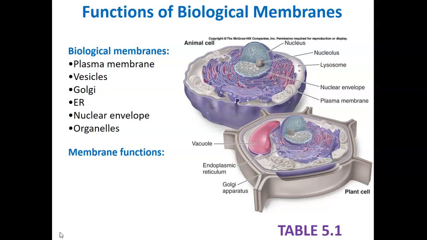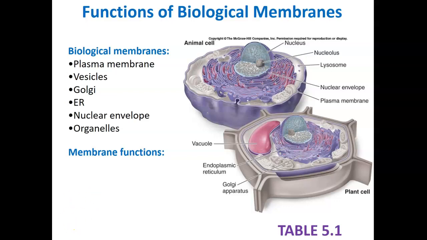The nucleus is encompassed in a membrane as well as multiple organelles. Even vesicles that are released from the Golgi and make their way to the plasma membrane are made up of membranes. So when we're talking about the membranes within a cell, we want you to think not just about the plasma membrane, but about all the membranes.